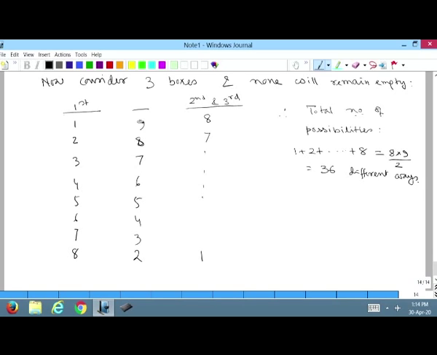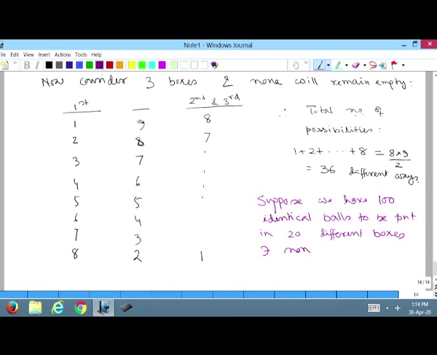Now, suppose we have 100 identical balls to be put in 20 different boxes, such that none of them is empty.